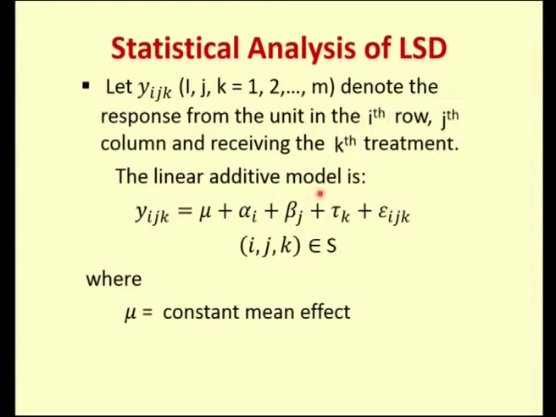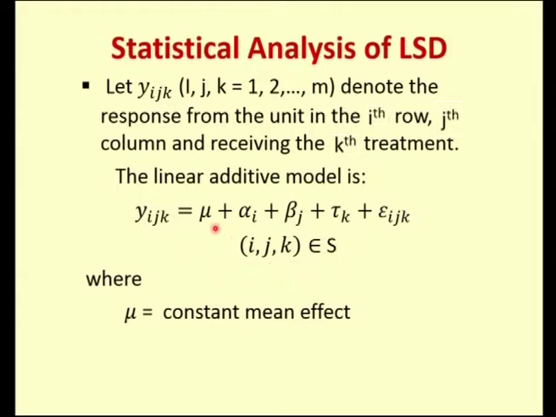So, the linear model assumed under LSD is Yijk is equal to mu plus alpha i plus beta j plus tau k plus epsilon ijk, and this model is additive in nature, and the triplets ijk belong to S, because the triplet ijk can assume only m squared values out of the possible m cube values, and this S is nothing but the set of all m squared values. So, we write ijk belongs to S.